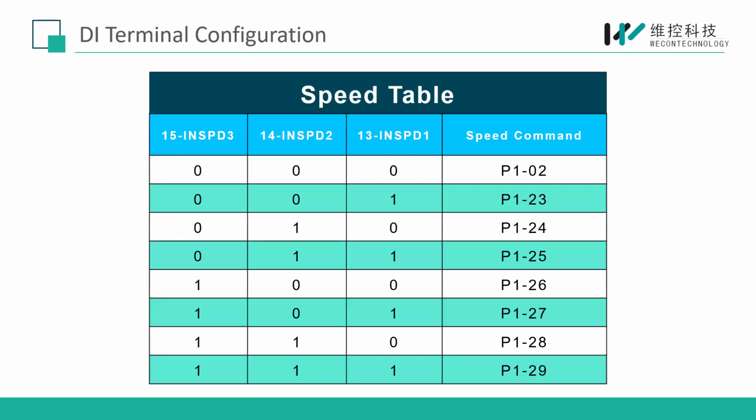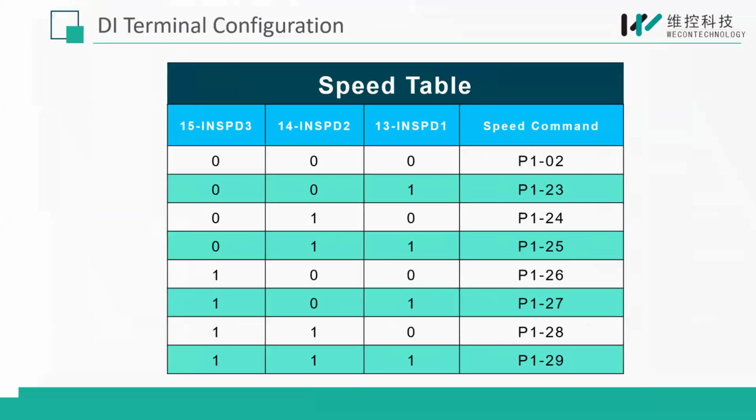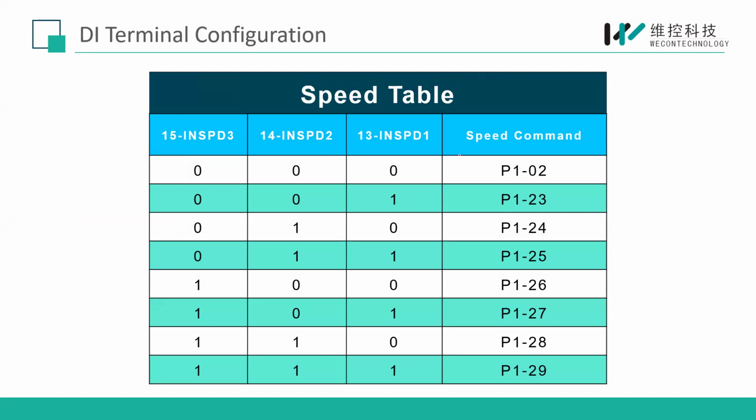So now let's see how to set the different speed. For example, if we choose DI2 to 13, DI3 to 14, and DI4 to 15.